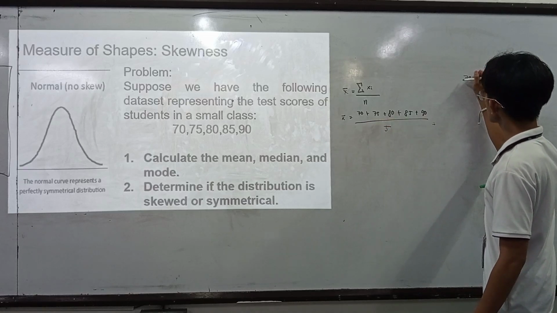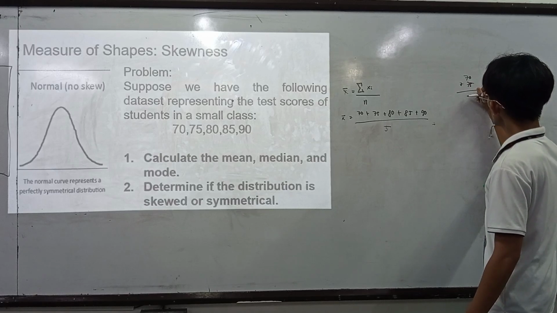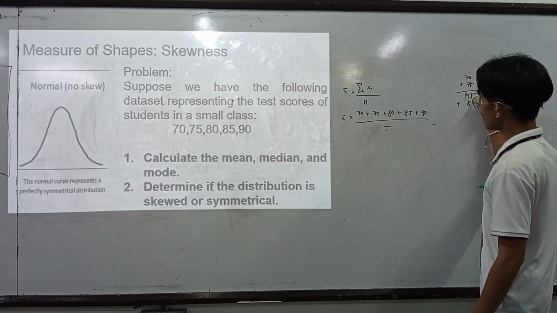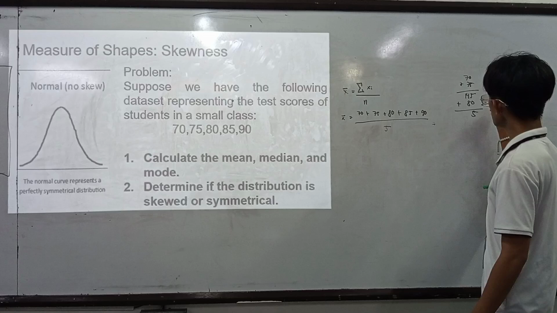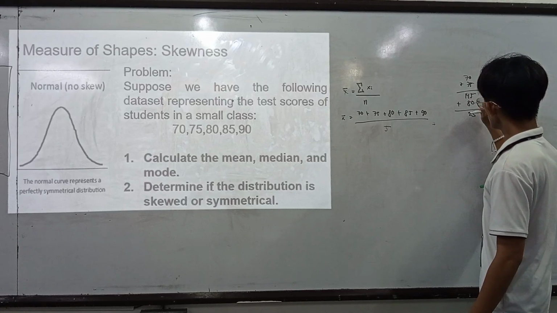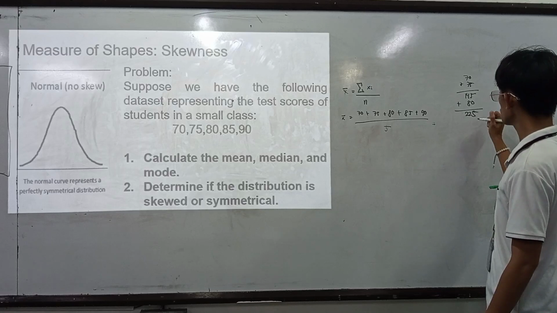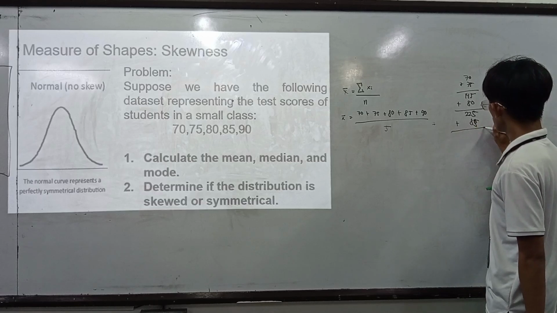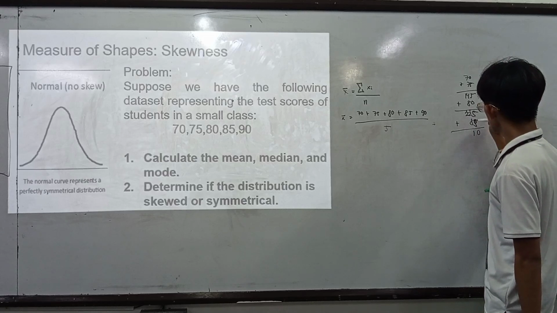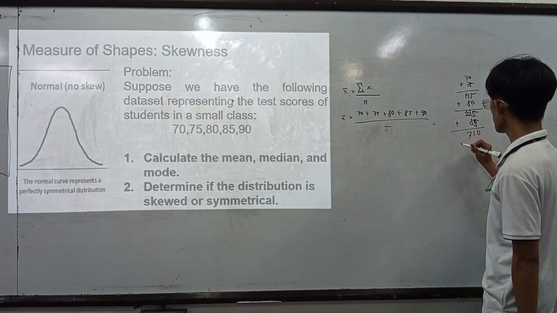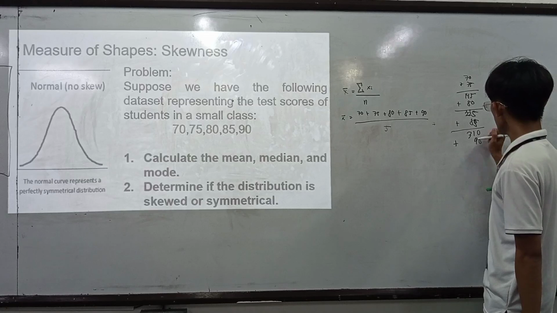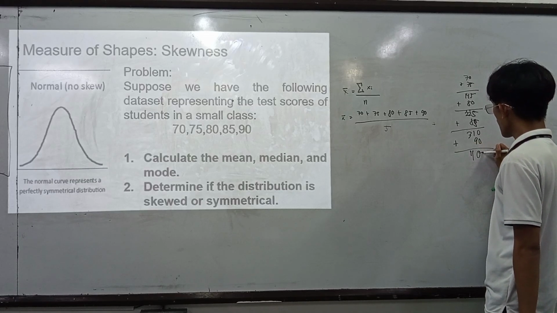Now, to answer all of this, we should add these data sets. So 70 plus 75 is equal to 145. Now, plus 80 will be 225. So we got 225 plus 85, we got 310. Now we should add this to 90, and we got 400.